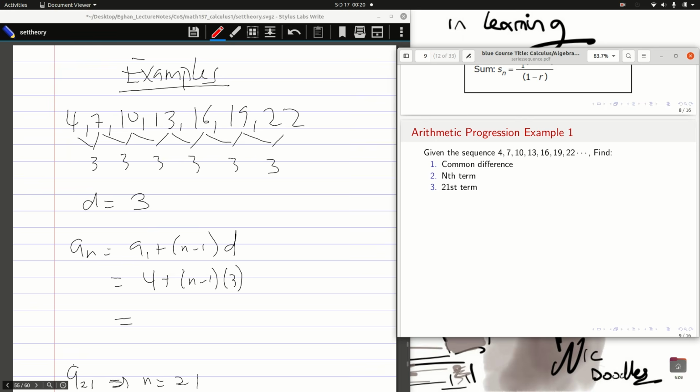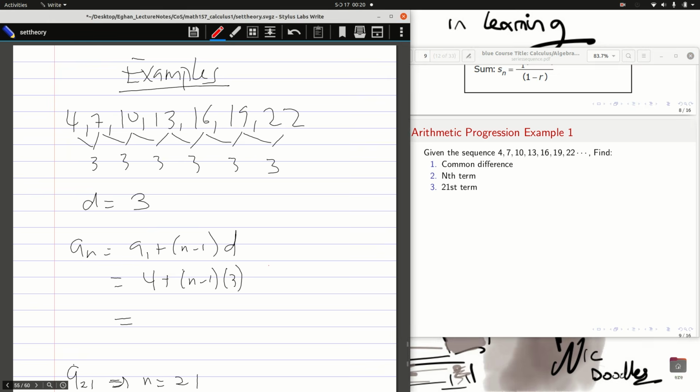In example 1, we are given a sequence and asked to find the common difference and the 21st term. Because of the questions being asked, automatically you know you are dealing with an arithmetic progression. But if that wasn't given, how would you know it is AP? I'll use AP for arithmetic and GP for geometric. 7 minus 4 is the same as 10 minus 7, the same as 13 minus 10.